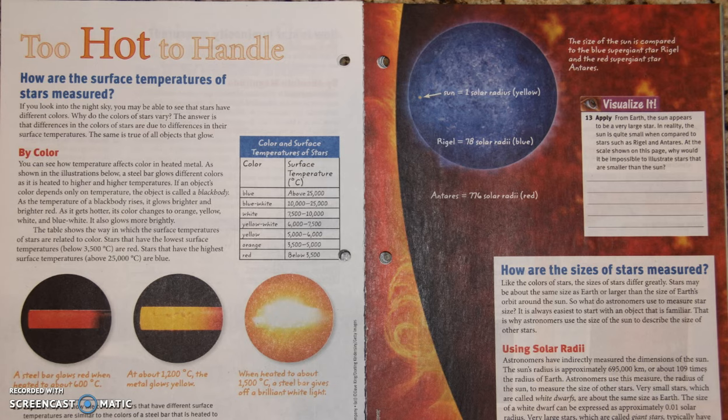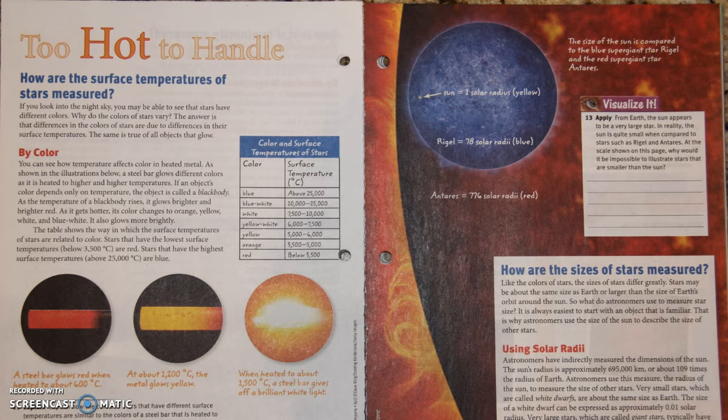You can see how temperature affects color in heated metal. As shown in the illustrations below, a steel bar glows different colors as it's heated to higher and higher temperatures. As the temperature of a black body, something whose color only depends on temperature, rises, it glows brighter and brighter red.